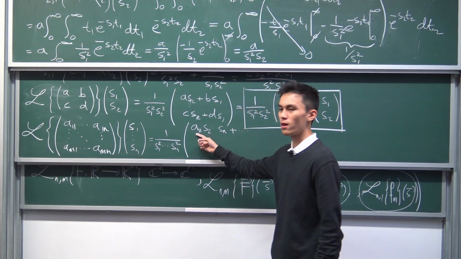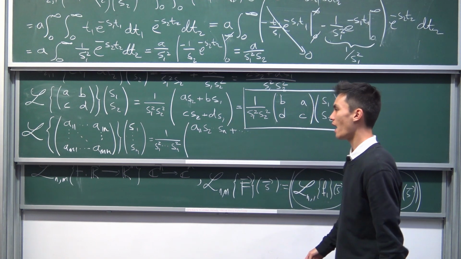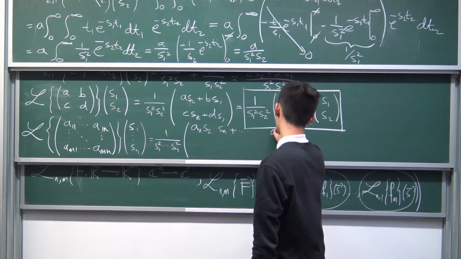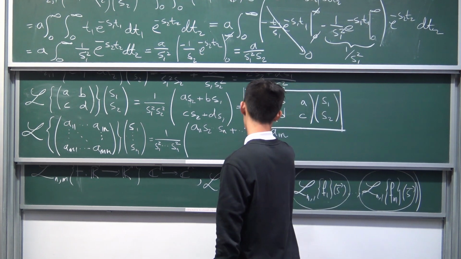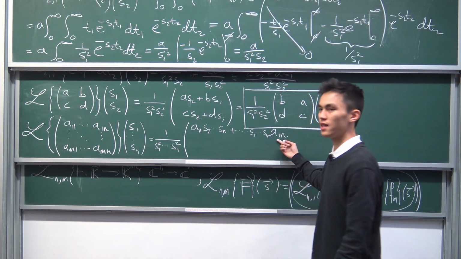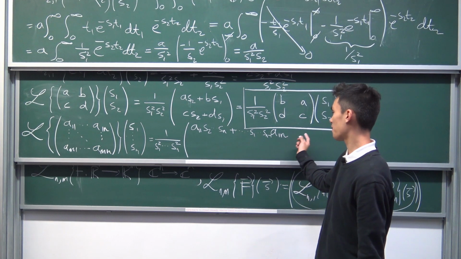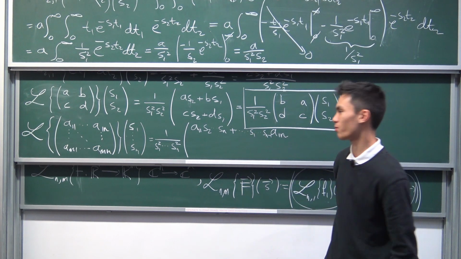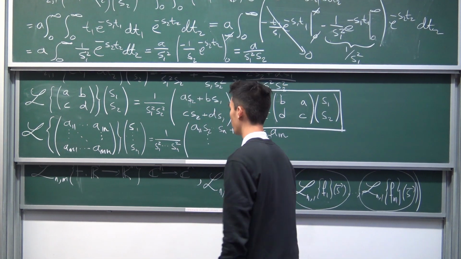So here we have A11, then we would do A12, next A13, all the way up until A1n. But once we get to A1n, we want to have S1, and then all the way up until Sn minus 1. Because this is the nth variable, it's the nth one, so we have to multiply by all the s's that are not the nth one. And then we can go all the way down over here, like so.